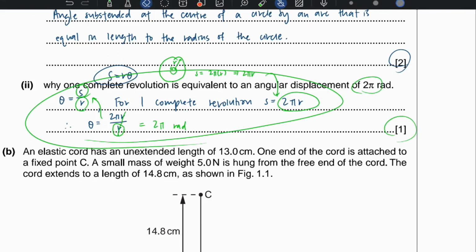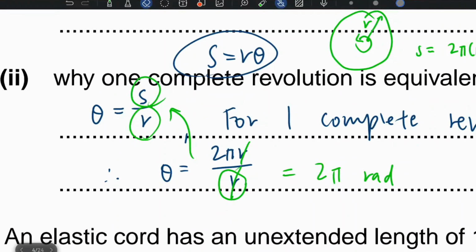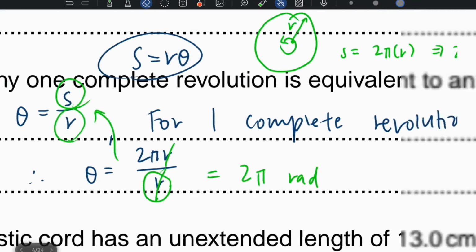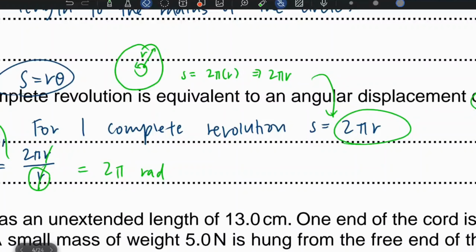So it's best to show how one complete revolution is 2 pi radians. First we start with the formula. You know that the length of an arc has a formula of S equals R theta. Then we make theta the subject, do some maths, and you'll get theta equals S over R. Then we also know that for one complete revolution, your S will be equal to 2 pi R. Why?